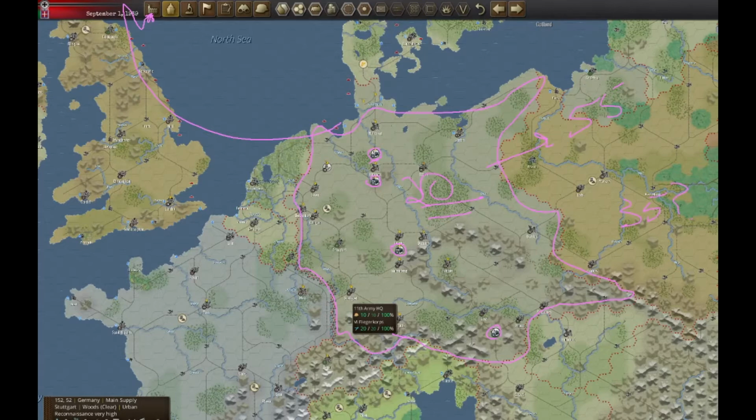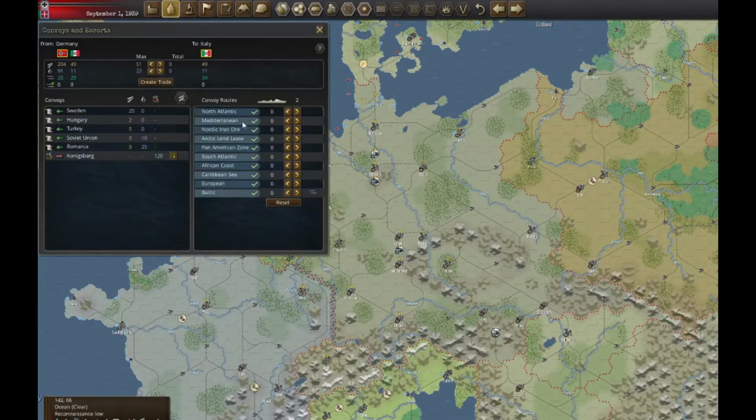Well, either you're producing it or you're getting it from some sort of trade. So I can go to the convoy button here, and I can see that Germany has set up trade with the Soviet Union and Romania. The Soviets are giving Germany 10 oil points, and Romania is giving 25. So that's the other 35 that I've been missing from the 20 that I've generated.